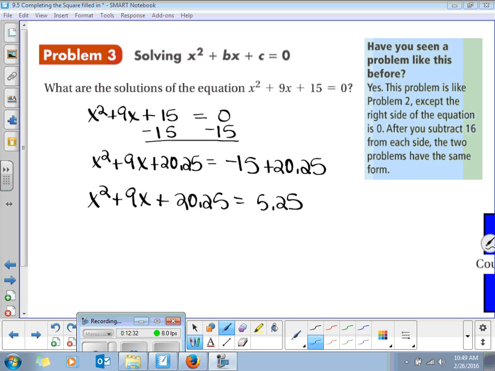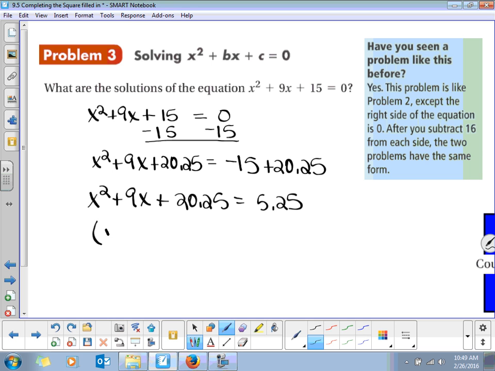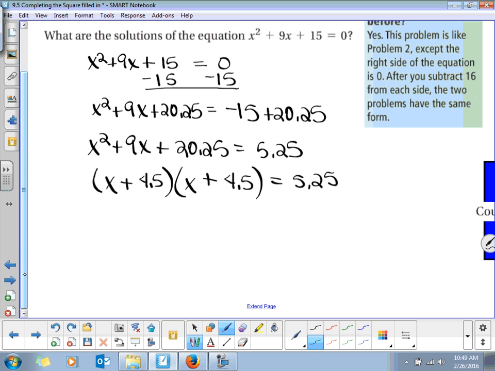This is going to be an x and an x. We know we're going to have 4.5 here and 4.5 there. When we add them, we want to get a positive 9, so both of these have to be positive. Is everybody clear? So now I've got x plus 4.5 quantity squared is equal to 5.25.